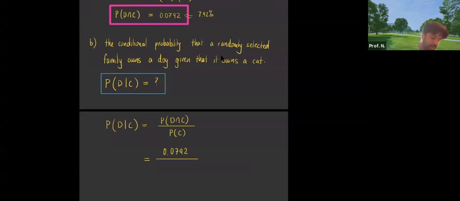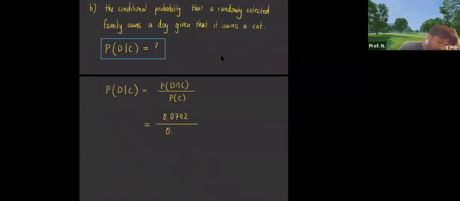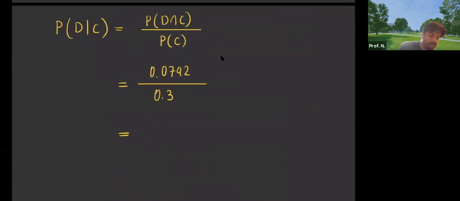And then we're going to divide off by what? The probability that C occurs, which is 0.3. And then when I divide 0.0792 divided by 0.3, I get 0.264. That's it.